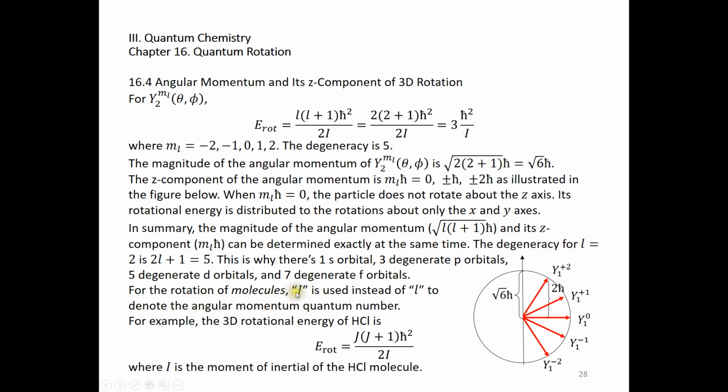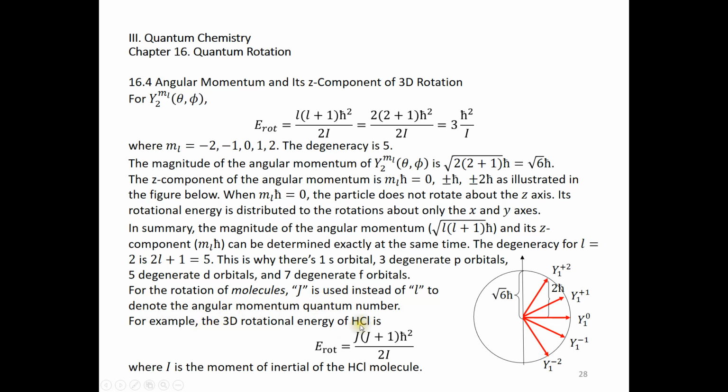When you see L and m sub L, we're talking about the rotation of electrons about the nucleus. When you see quantum numbers j and m sub j, that usually is used for the quantum rotation of molecules about the center of mass of the molecule.